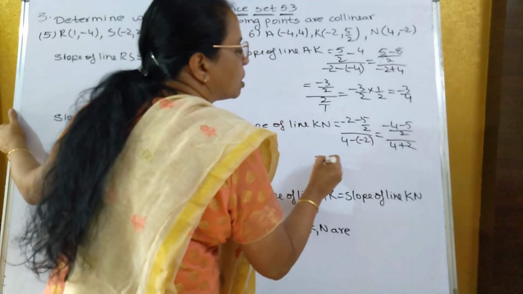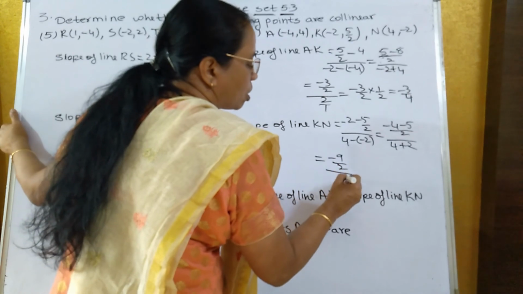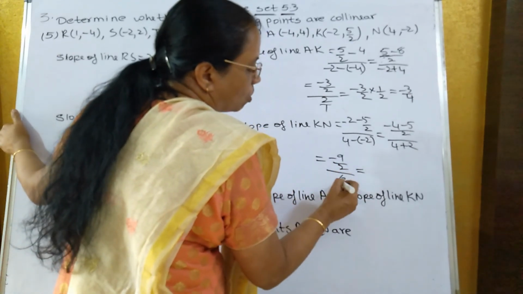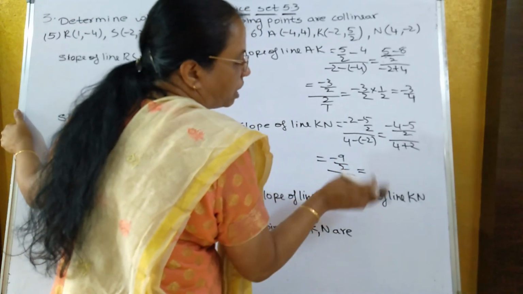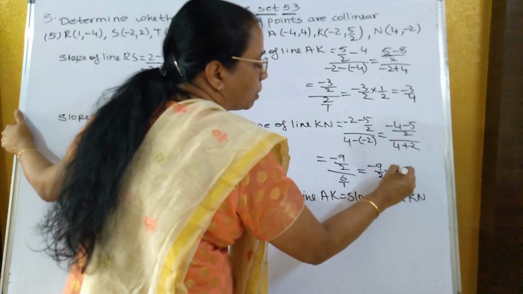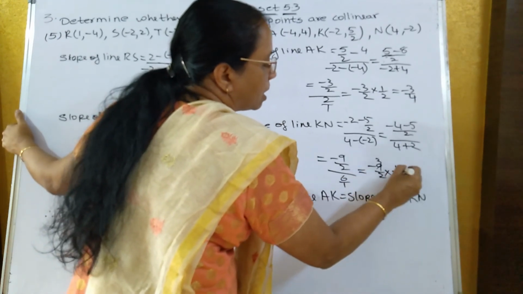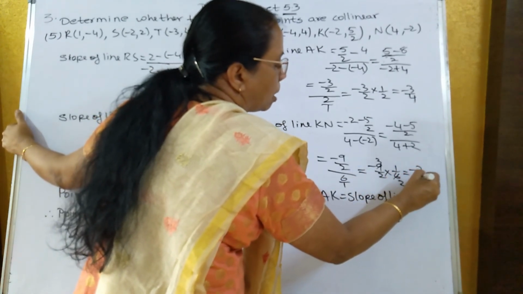So that is equal to minus 9 upon 2 upon 4 plus 2 is how much? 6. Now when this 6 goes up, 6 upon 1 will become 1 upon 6. So minus 9 upon 2 into 1 upon 6. 3 twos are, 3 threes are, that's equal to minus 3 upon 4.